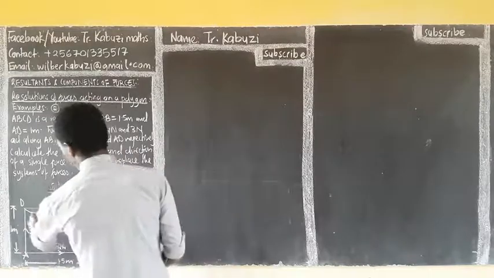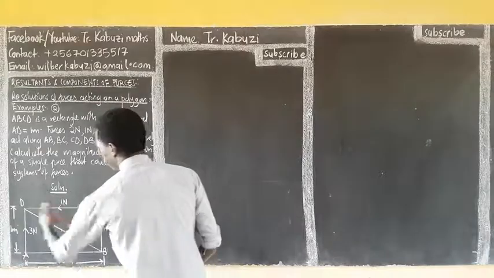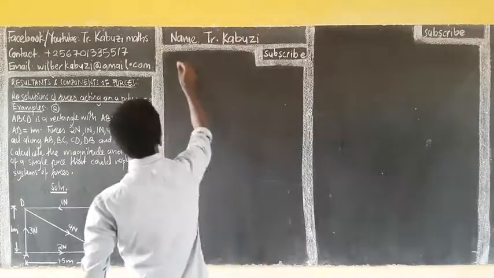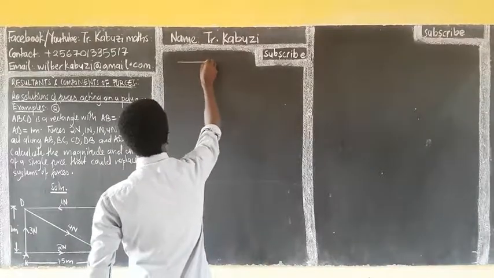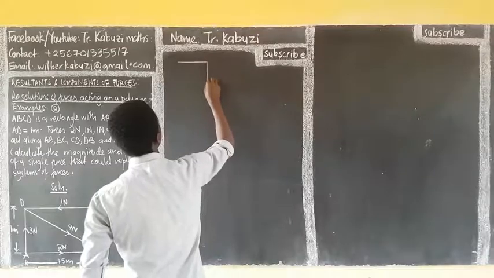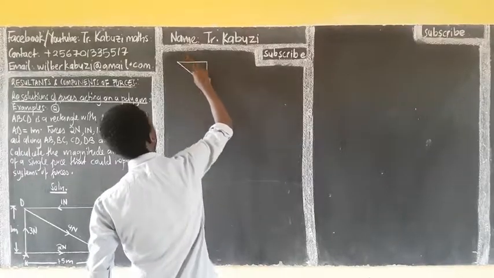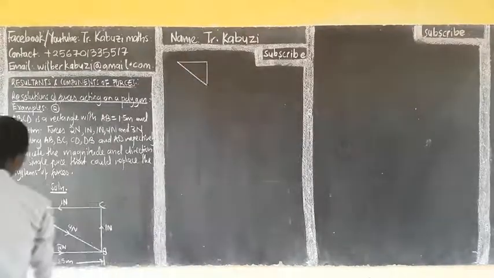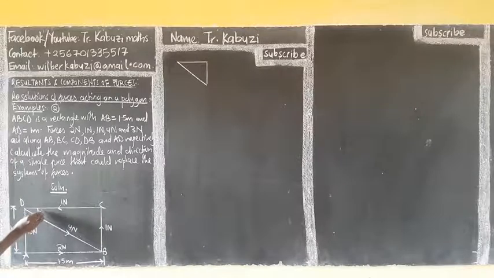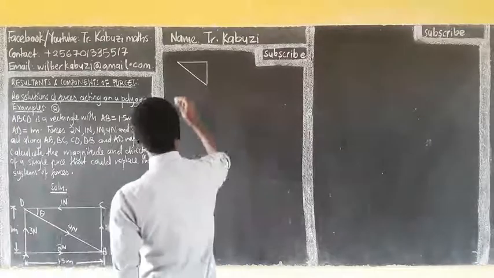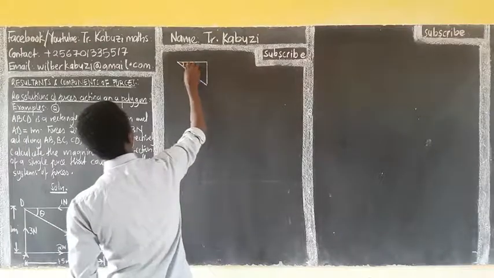So now I'm going to take this triangle here. If I take that triangle, this is how it's going to be. Let me call this theta, because we always need the angle with the horizontal.